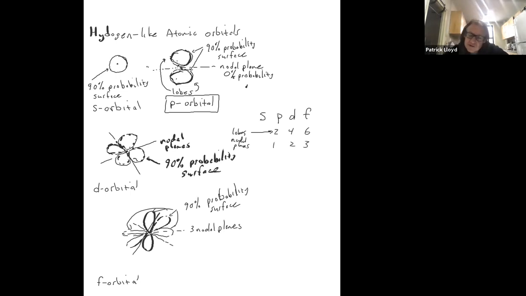Now, the nodal planes are a little more complicated than that, but that's fine. Now, that's an introduction to what these vibrations, what these orbitals are, hydrogen-like orbitals, they're calculated for hydrogen. What I want to do is show you some aspects of these orbitals. So how do we characterize these orbitals?